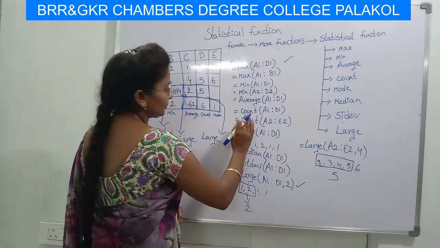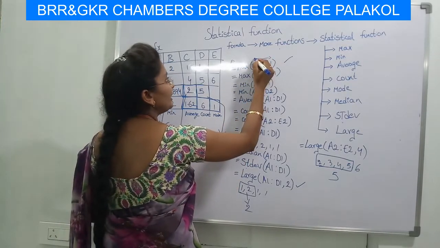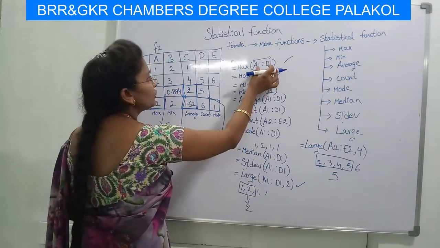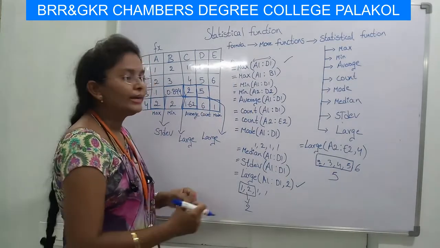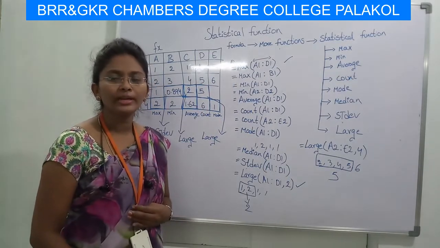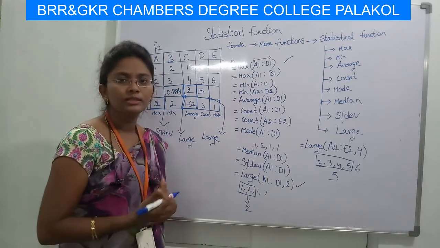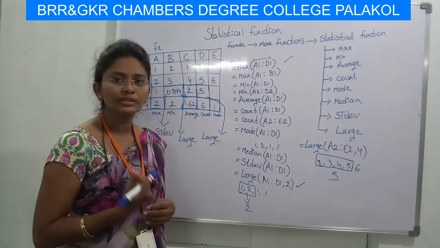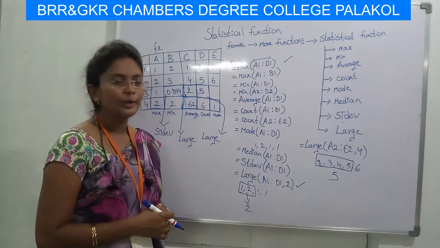After writing the formula, this is the range A1 to D1, where you entered data in the Excel sheet. If you enter a large amount of data in the Excel sheet, you can take those cell reference IDs in this formula and close the bracket.